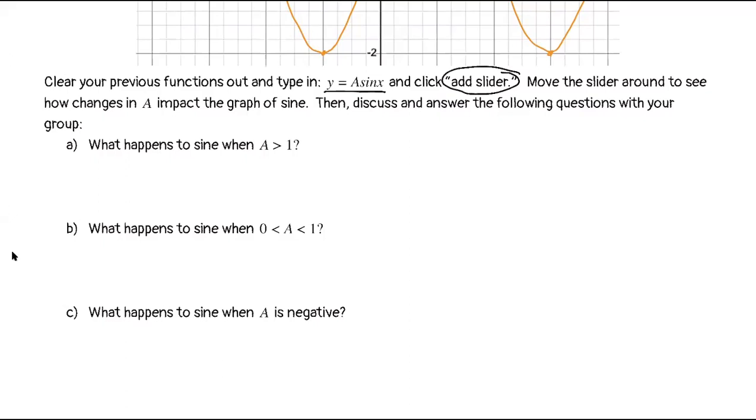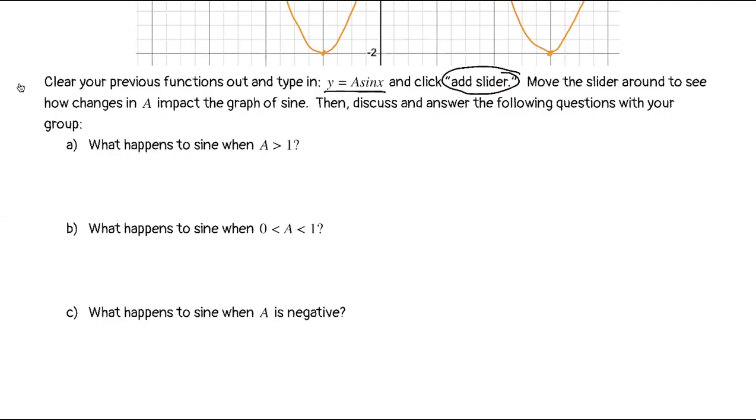Now you can sit and just slide it around and wow, that's a lot of things changing, right? But the goal is that we want to be more descriptive in our language. And so let's look at that first question, which is what happens to sine when A is greater than 1? Instead of just moving the slider, we could move it to 1 and then move it this way, right? That would be one way to do it.